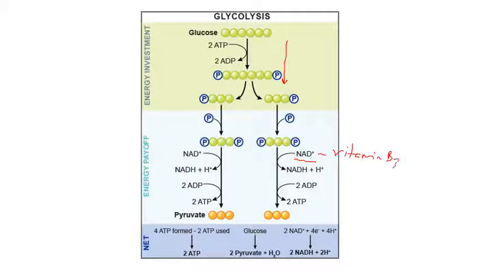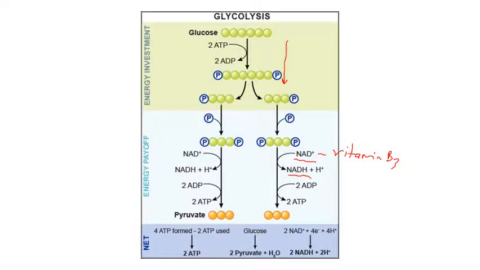I'm not going to ask you that specifically, but it's just kind of interesting. So we're going to see that in this step, in the next step, and the one after that, NAD is going to be involved. So here, NAD takes away hydrogens from the 2 molecules and then turns itself to NADH. And again, in the process, ATP is being made.